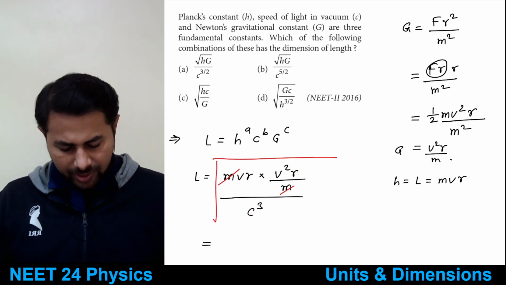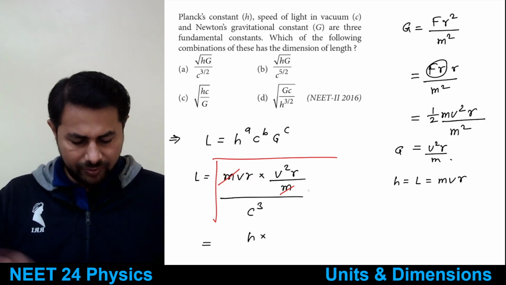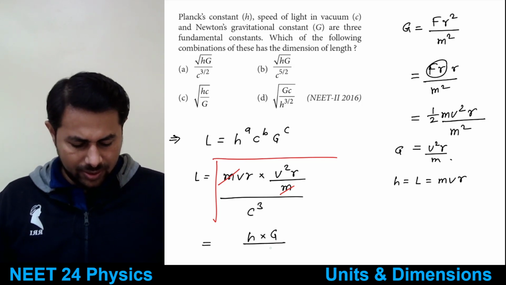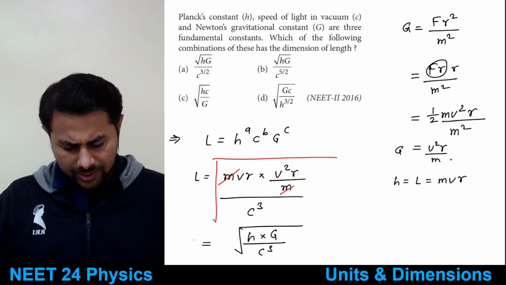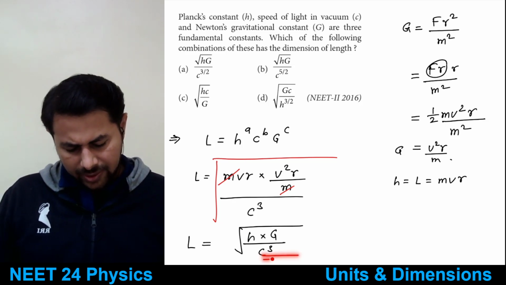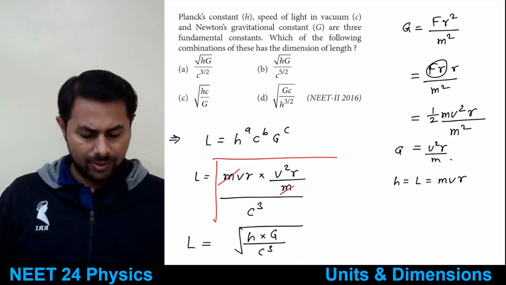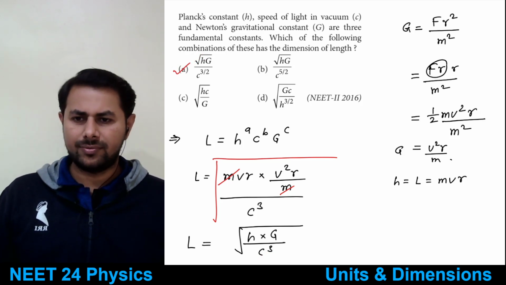So the answer will be, what is mvr? It is h. What is this thing, v square r by m? It is G, and then I have c cube, so it will be the square root of that. This is the answer, right? So it is option A. This thing is clear? Yes, no?